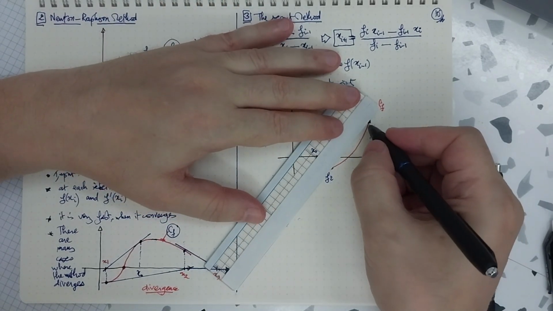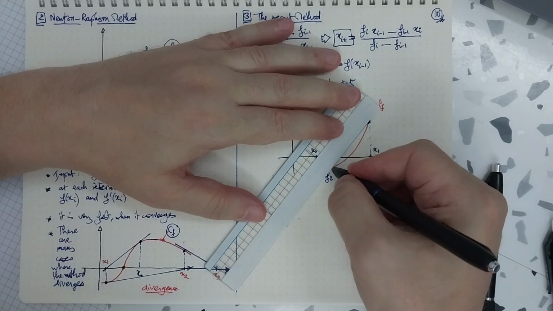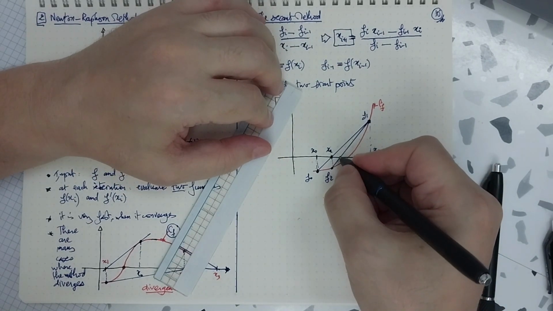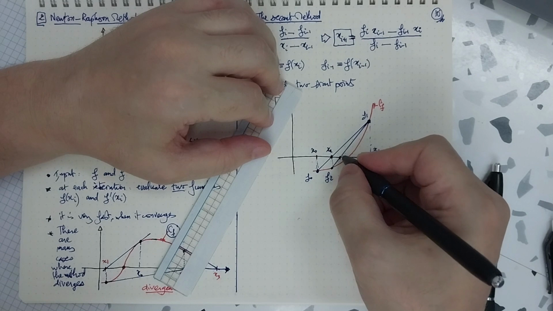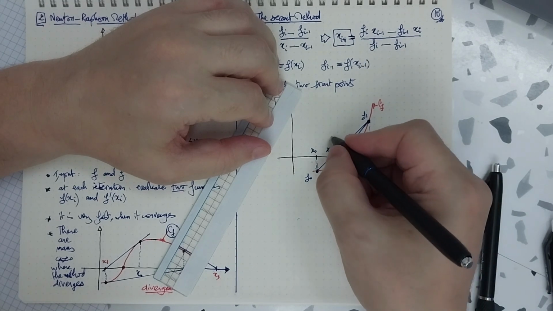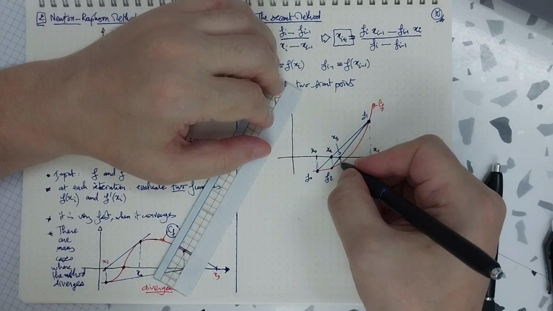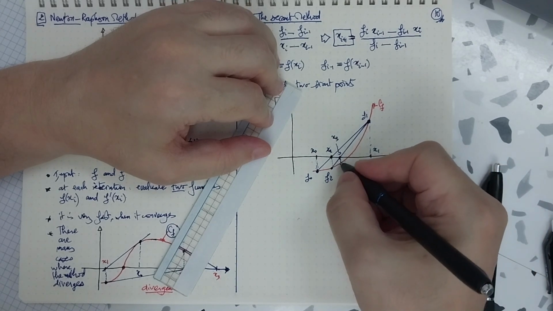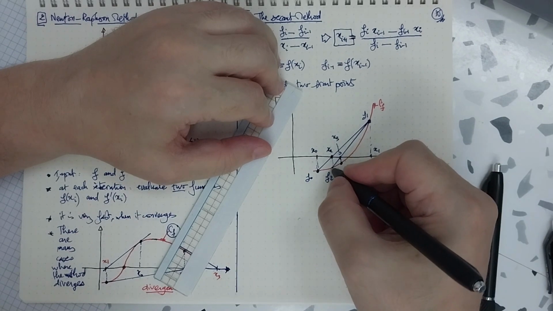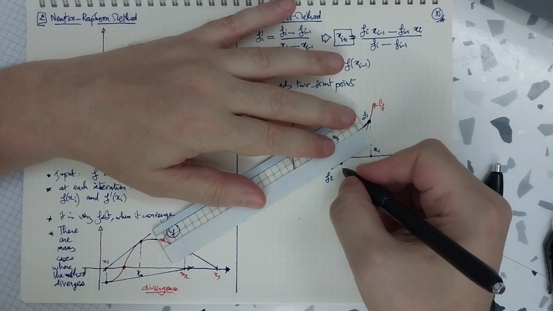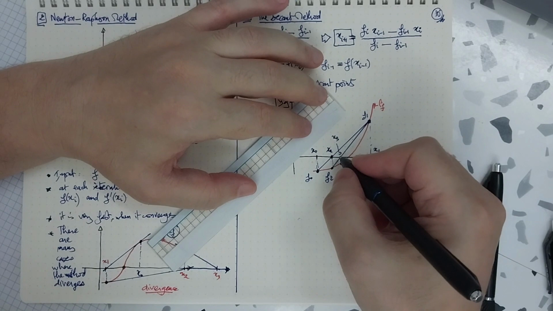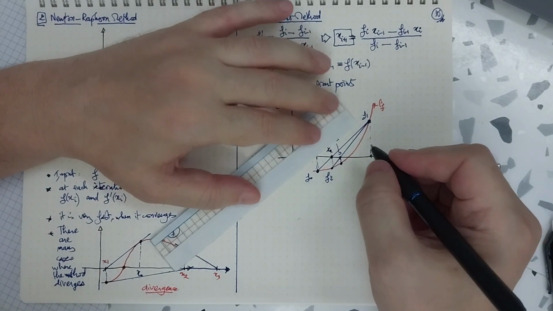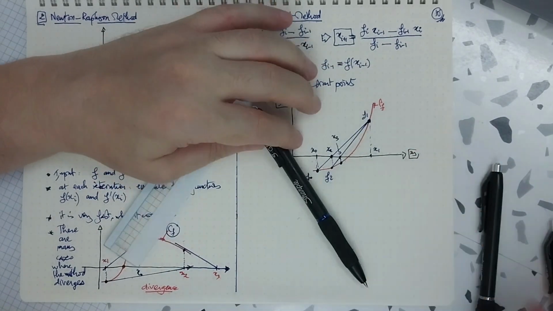And the second chord gives us x3. This is x3, and this is its image, and the chord joins the current image and the previous image. As you can see here, it differs. In the first iteration it looks like Abou Kamel, but actually it's not. This is the solution.